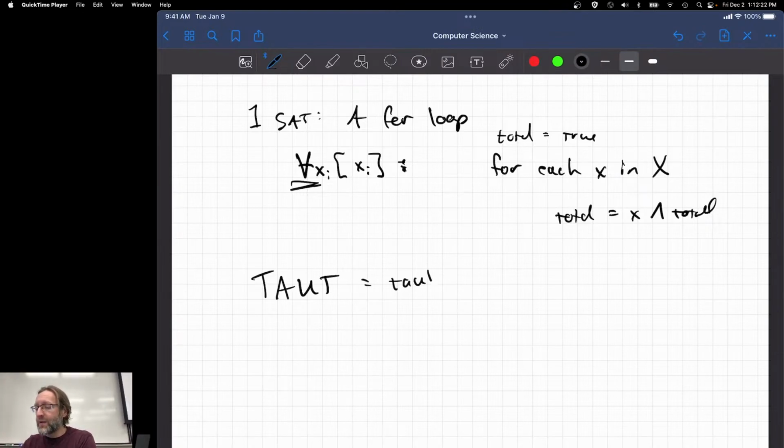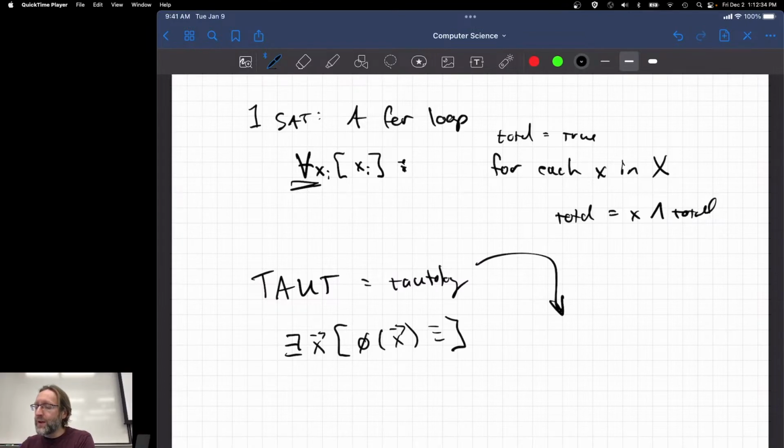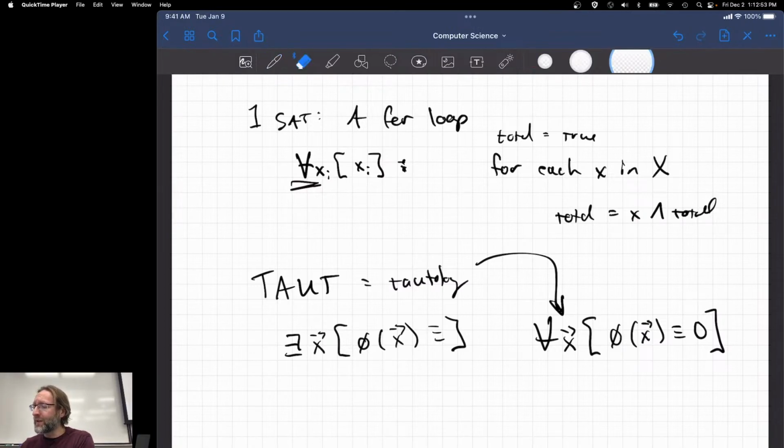Tautology, right? Instead of, does there exist a truth assignment such that phi of x is true, a tautology is going to be for all truth assignments, is it true?